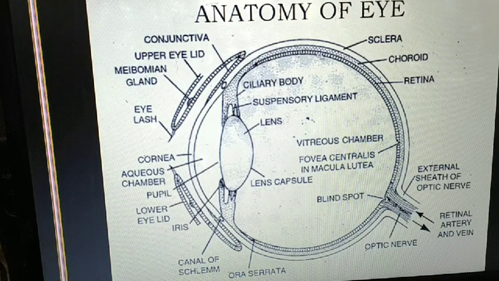Then this choroid expands to form a triangular structures known as ciliary bodies. So these ciliary bodies are less vascular, thick and less pigmented. So it contains smooth muscles.